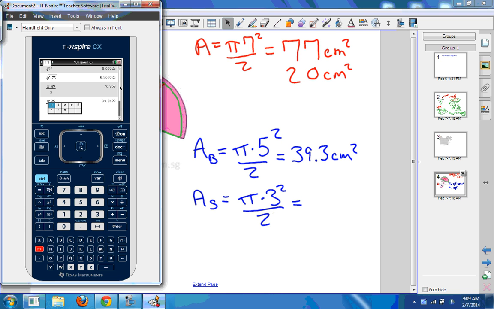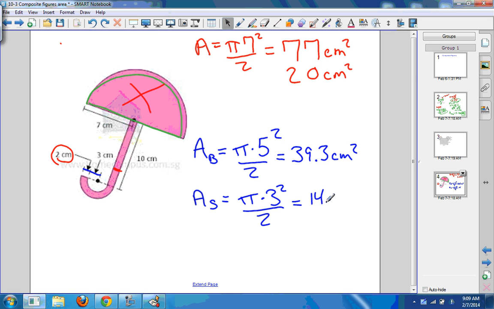Pi times 3 squared is 9, divided by 2 is equal to 14.1. All right, so if we want to know this area, we need to subtract our small circle from the big circle. So we take 39.3 minus 14.1. And when I do that, I get 25.2 centimeters squared. So I'm going to add that up here.